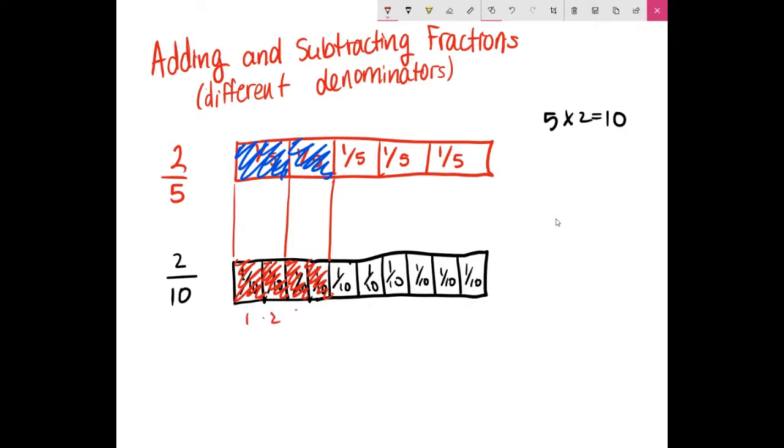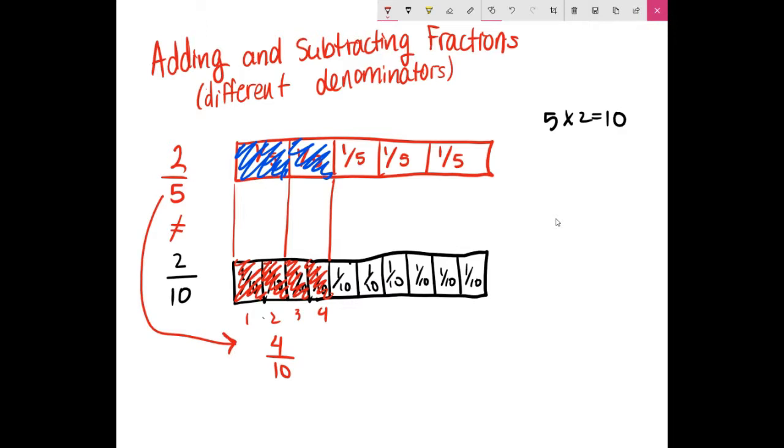We got 1, 2, 3, 4 shaded. 4 out of how many? 4 out of 10. 4/10 gives us 2/5 out of the same size strip. As we can see, this 2/5 does not equal 2/10 when we change the denominator. It actually equals 4/10.